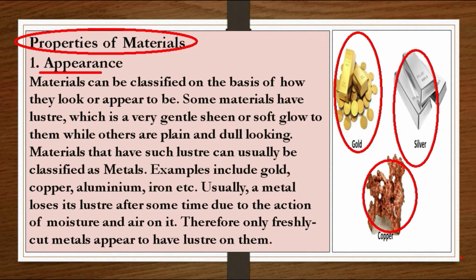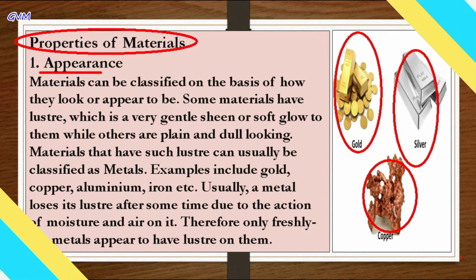But students, usually a metal loses its luster or its shine when we use them again and again. And why is this so? Due to the action of moisture and air, and therefore only freshly cut metals appear to have luster or shine on them.